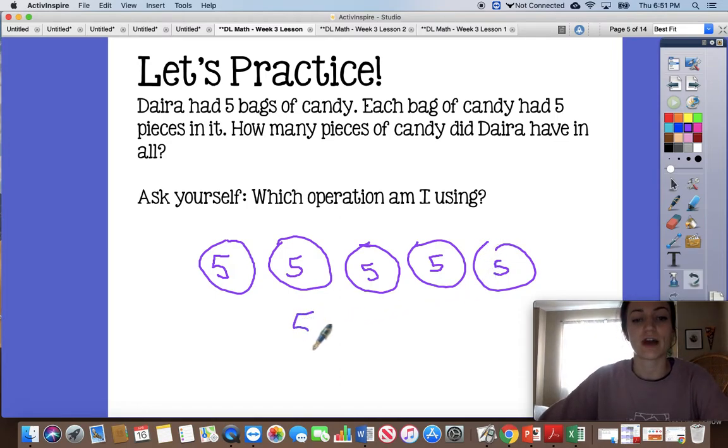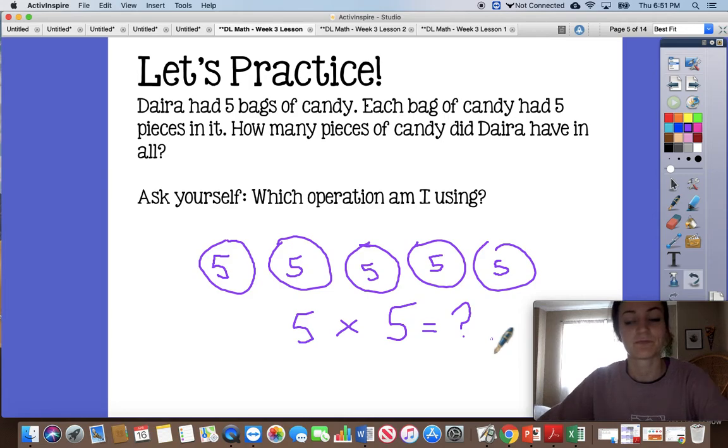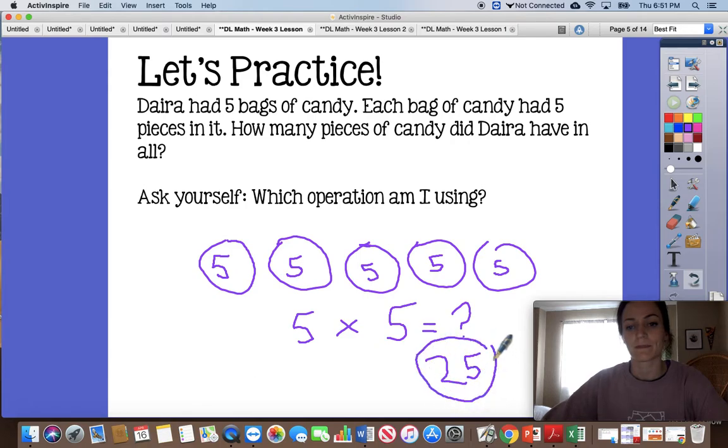So we can say 1, 2, 3, 4, 5 groups of 5 equals however many pieces of candy she has, okay? And we can count by 5s to get our answer. So 5, 10, 15, 20, 25. Daira has 25 pieces of candy. Okay, so that problem we multiplied.